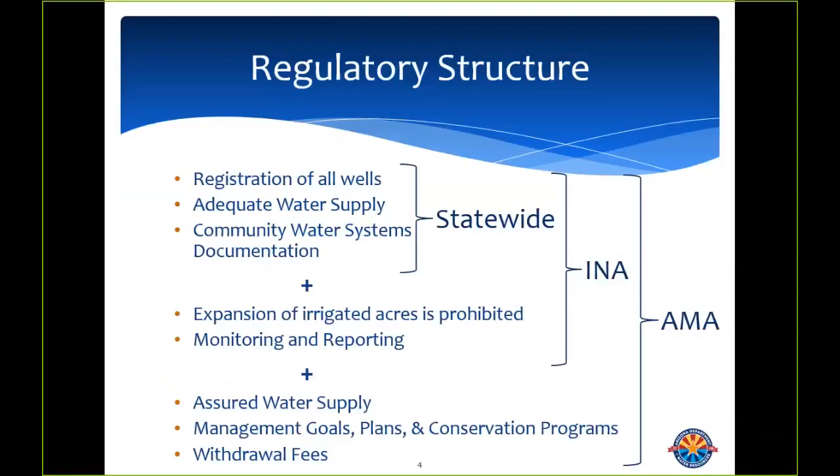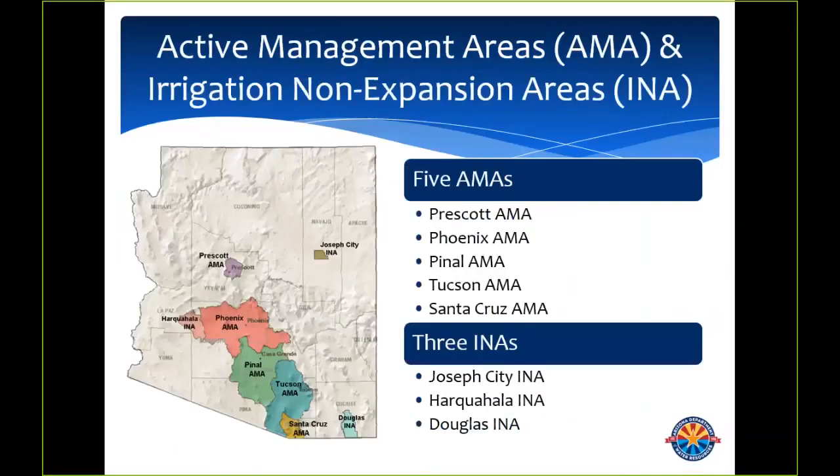You'll remember that the Groundwater Management Act put into place a tiered regulatory structure for groundwater in this state, with additional provisions applying as we move into the higher levels of regulation. So it's in the AMAs and the INAs, the active management areas and the irrigation non-expansion areas, that reporting requirements apply. You can see on this map the areas in color here are the AMAs and the INAs.